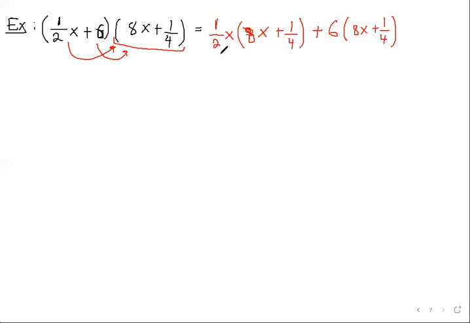So again, we distribute it again. This inside, this again inside.